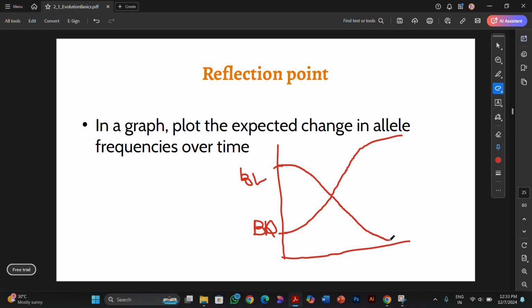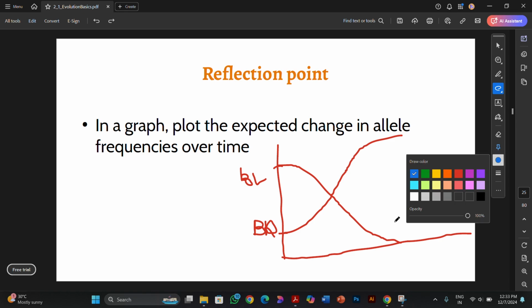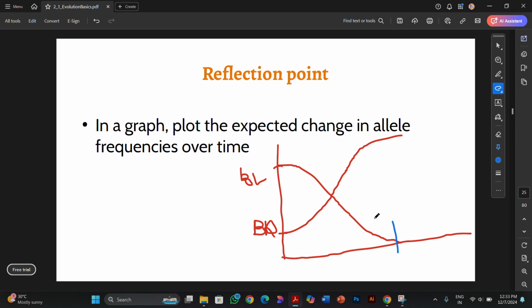Here is one important thing. Can this go beyond 0? No, this cannot go beyond 0 until another new variation happens. Then only it can go, otherwise not. Let's mark this as 1.